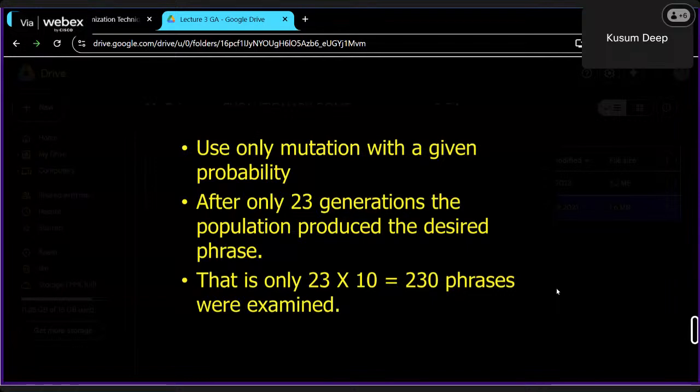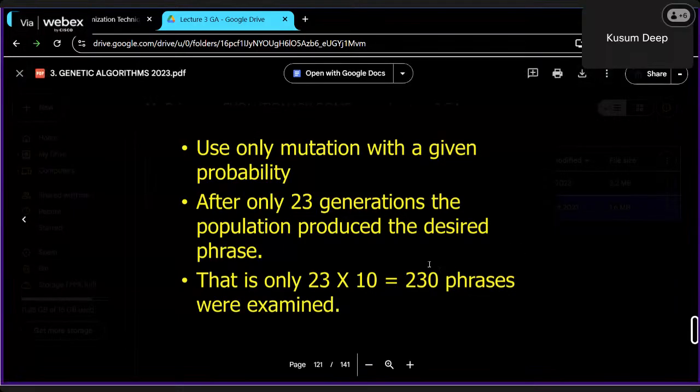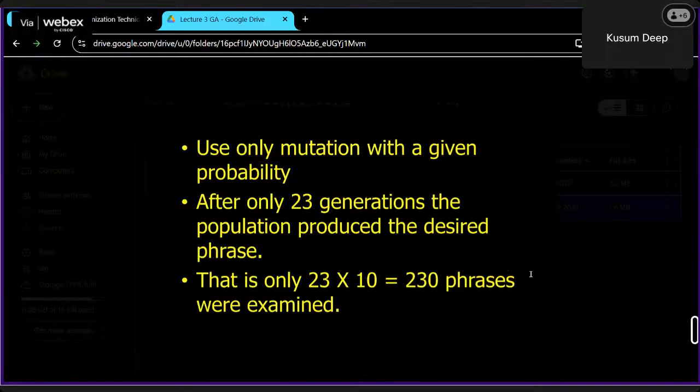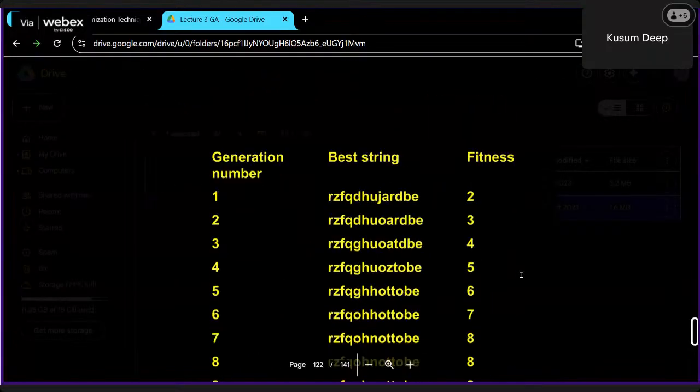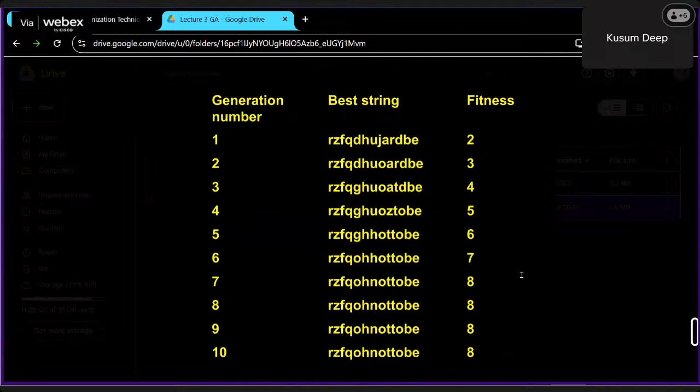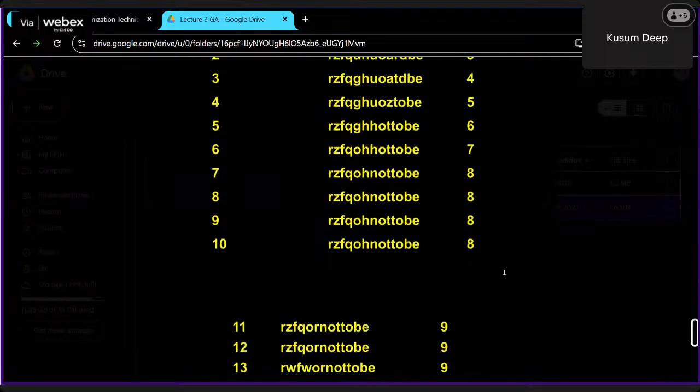And what does this mean? This means that only 230 phrases need to be examined. This is an NP-hard problem, which means that if the input size of the problem is large, then the complexity of the problem goes on increasing. Genetic algorithms are particularly suited for these kinds of problems. If I record the generation number, the best string, and the fitness, this is what I get.